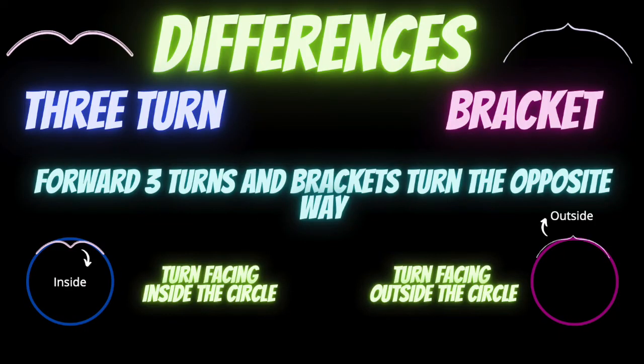The main difference between the 3-turn and the bracket: when you are doing a forwards 3-turn versus a forwards bracket, the direction that you turn is going to be different. So when we're doing a forward 3-turn, we're going to turn facing into the circle. And when we do a forward bracket, we are going to actually turn facing outside of the circle.